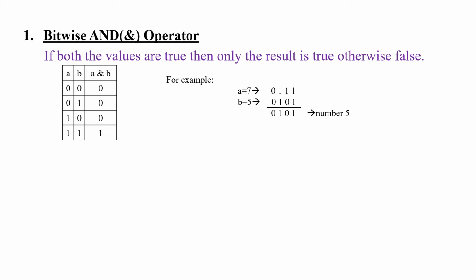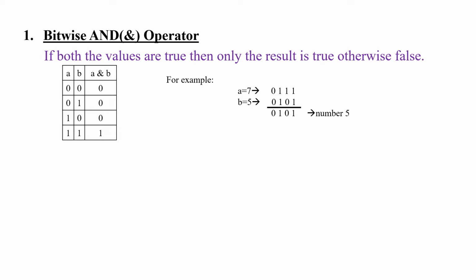For example, if I take A equal to 7, B equal to 5, the binary format of value A is 0111. The binary format of value B is 0101. If we use the bitwise AND operator for these two values, we'll get the output 0101, because 0 and 0 is 0, 1 and 1 is 1, 1 and 0 is 0, 1 and 1 is 1.